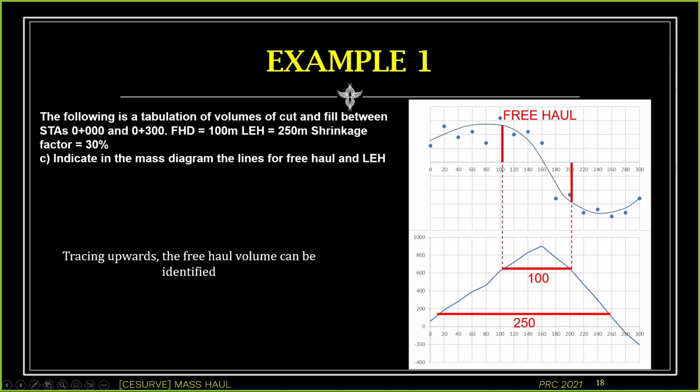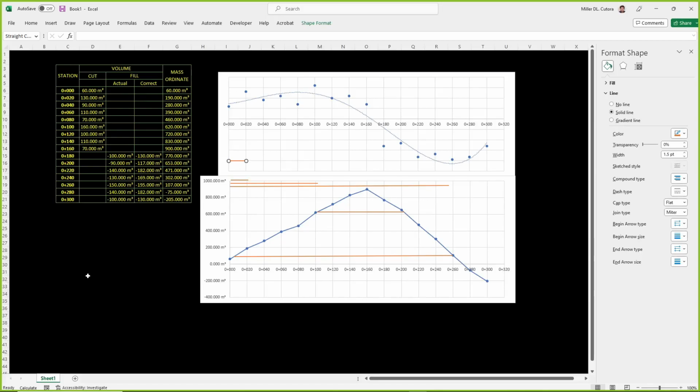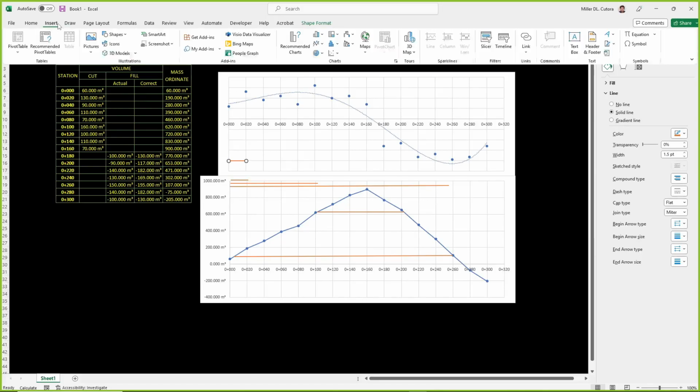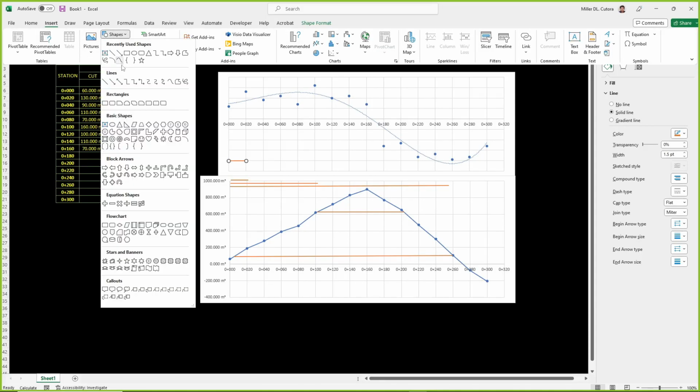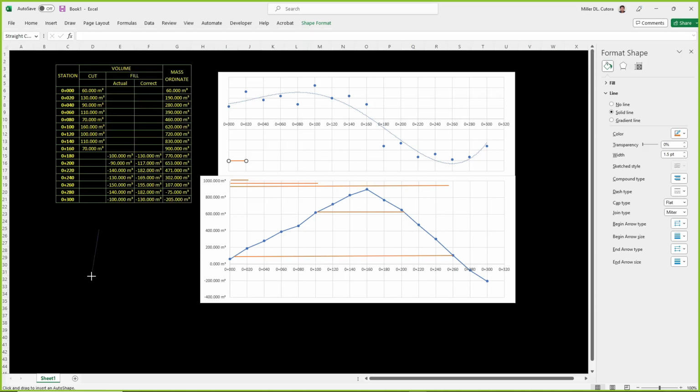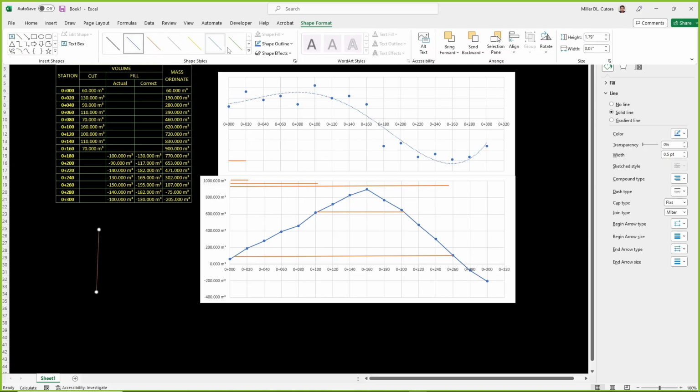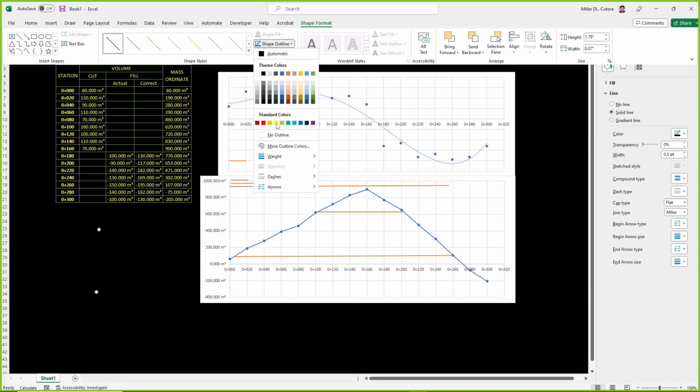So, we will just project upwards. So, let's have another line. Okay, black na lang. Or, okay, violet. Then let's thicken it.